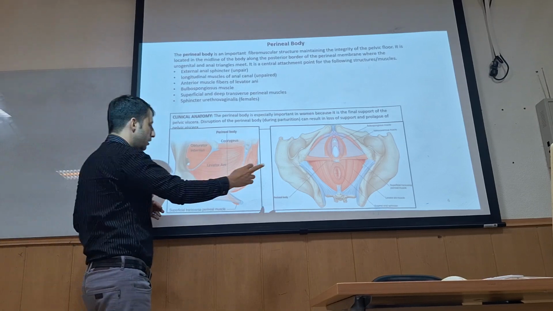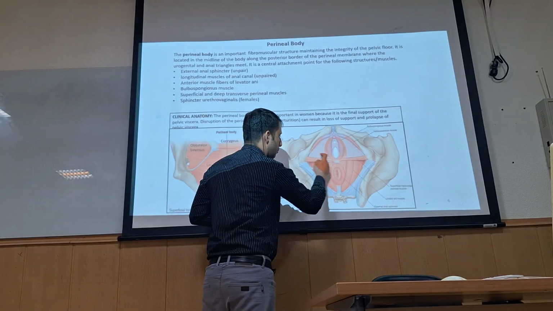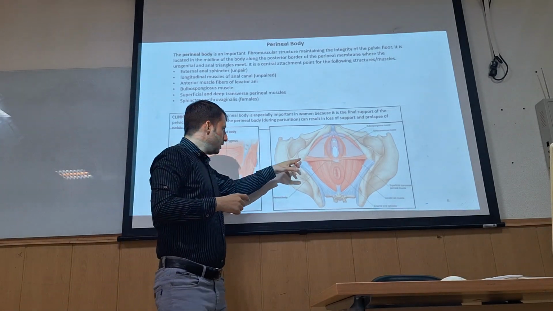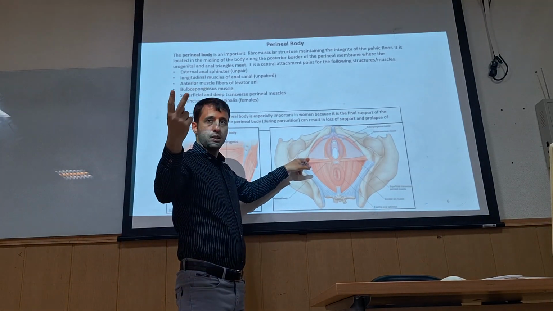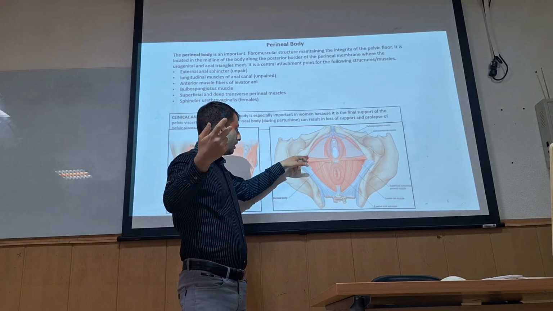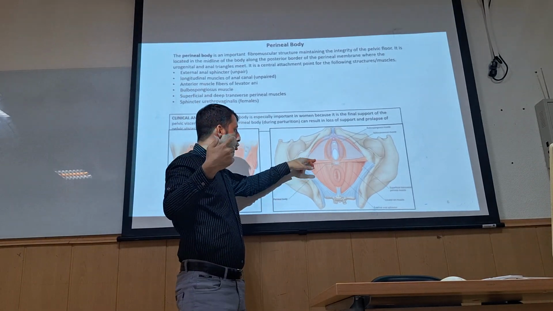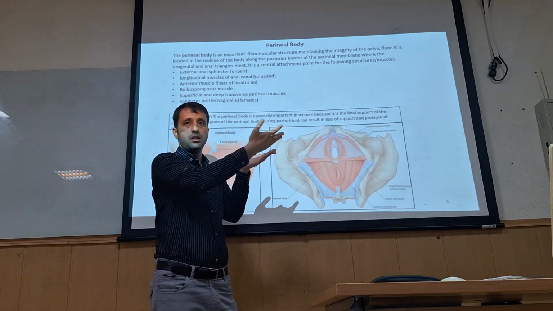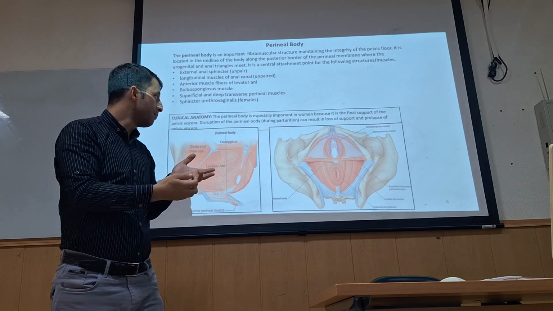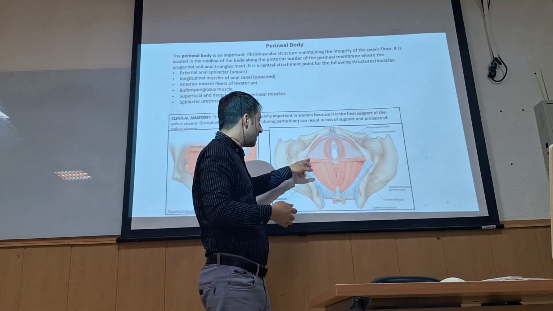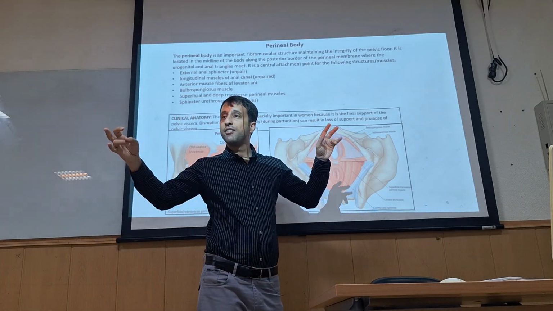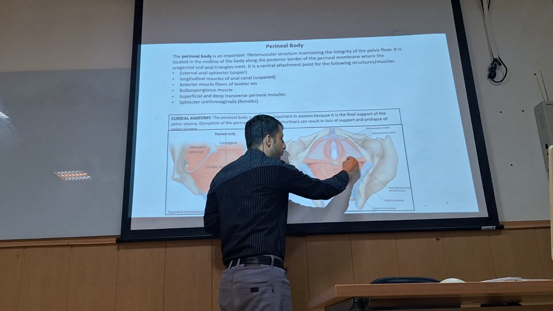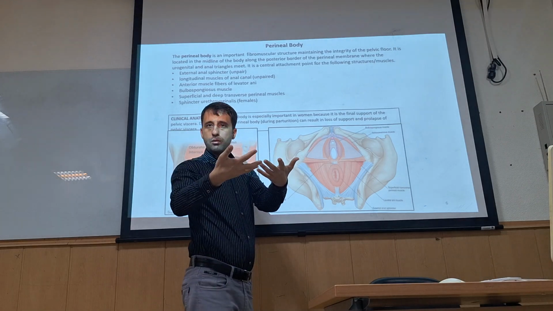Another muscle, look at here. This muscle has two types. One type is located superficially, and one type is located deep to it: the superficial and deep transverse perineal muscles, because the direction of the fibers is transverse.